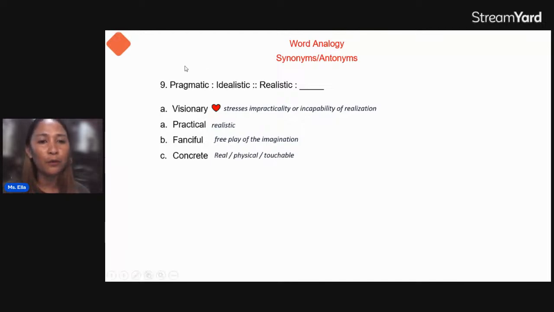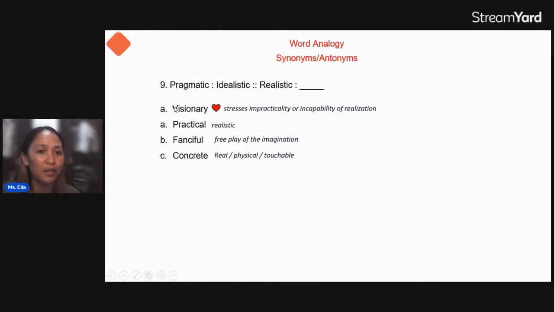Now, we all know that pragmatic is more into practicality or also realistic, right? And then it is paired with idealistic, the opposite of pragmatic. The opposite of being practical or realistic is being idealistic, right? Now, realistic is the synonym of pragmatic, so what's the synonym of idealistic?